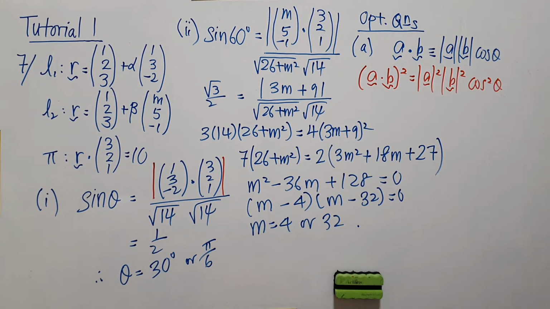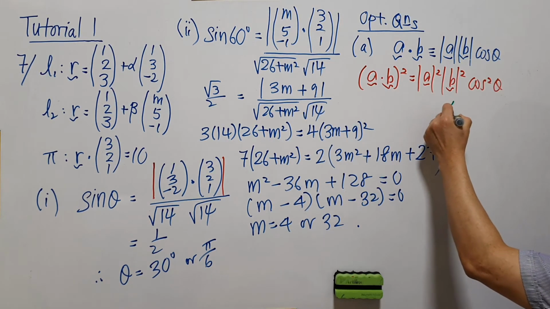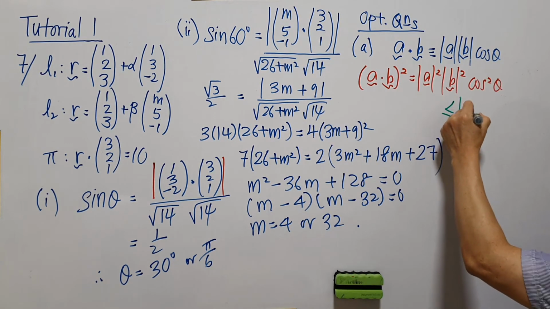After squaring both sides, it becomes easier. Since cos theta is between minus 1 and 1, cosine squared will be between 0 and 1. That means it's a fraction, a number between 0 and 1. If this number is at most 1, this entire expression will be smaller than or equal to this.